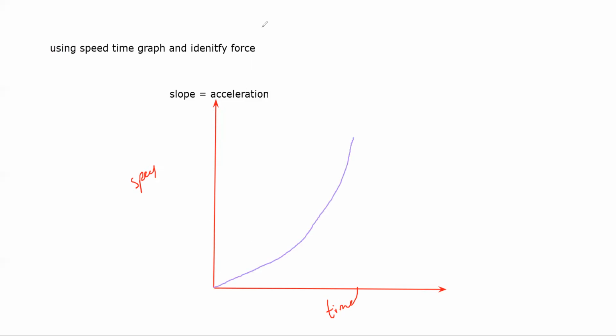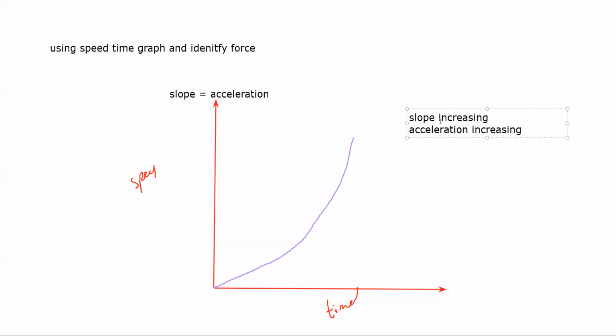What happened to the slope of this line? Increasing, decreasing, constant, or zero? Increasing. So the slope is increasing here. So if the slope is increasing, what happened to acceleration? Acceleration is also increasing because the slope of a speed time graph represents acceleration.